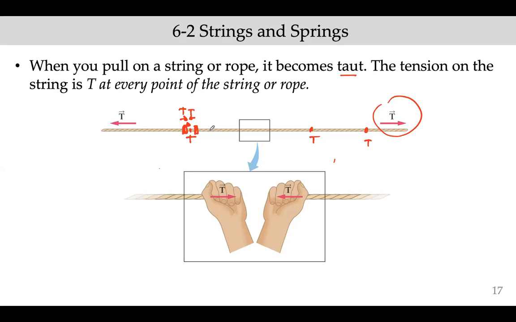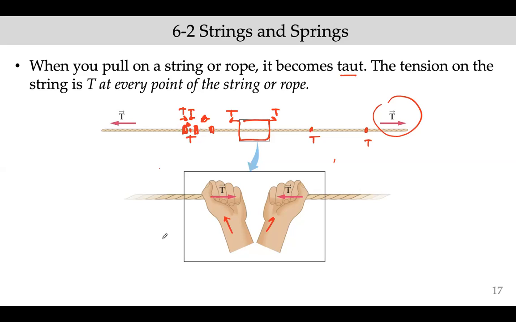Of course, at each point, every part of the rope is pulled in each direction, as shown here. So you can break here if you want and put 2 hands. It looks like this. So this part is pulled with T, and this part is pulled with T. So this section of the rope has 2 forces on it, and because they're equal, the rope really does not move, so it's stationary.